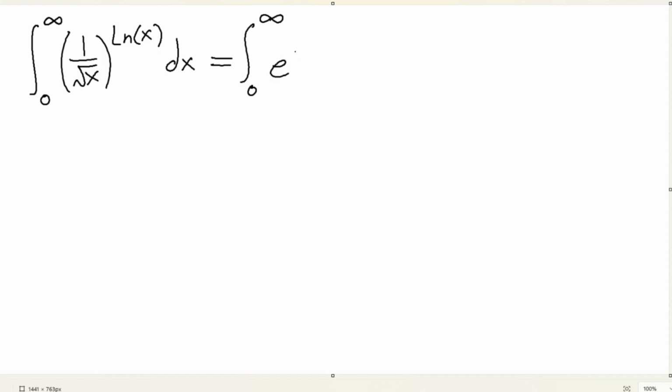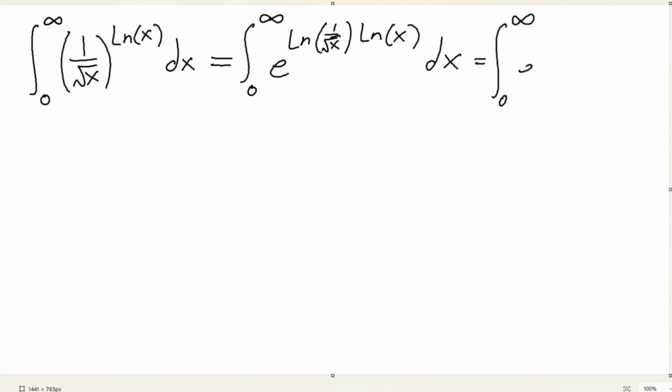So e to the ln of all of this, ln of x, and this is just exponentially. We can simplify this into negative half ln squared.